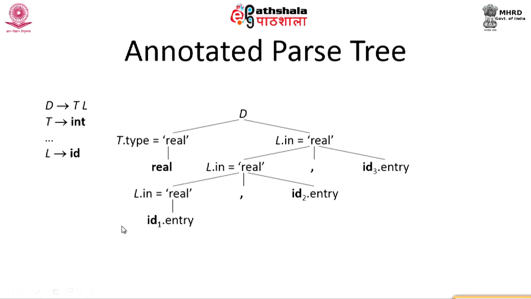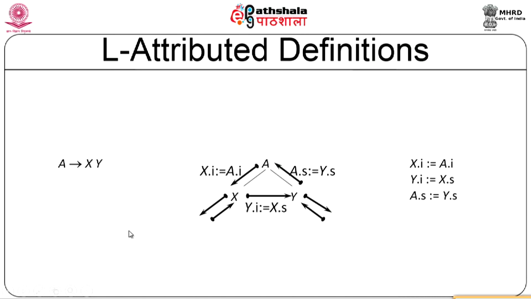But id is a terminal, therefore it is a synthesized attribute. L.in has got it from the parent or the sibling, therefore L is going to be an inherited attribute here. So this is what we look at as an L attributed definition.